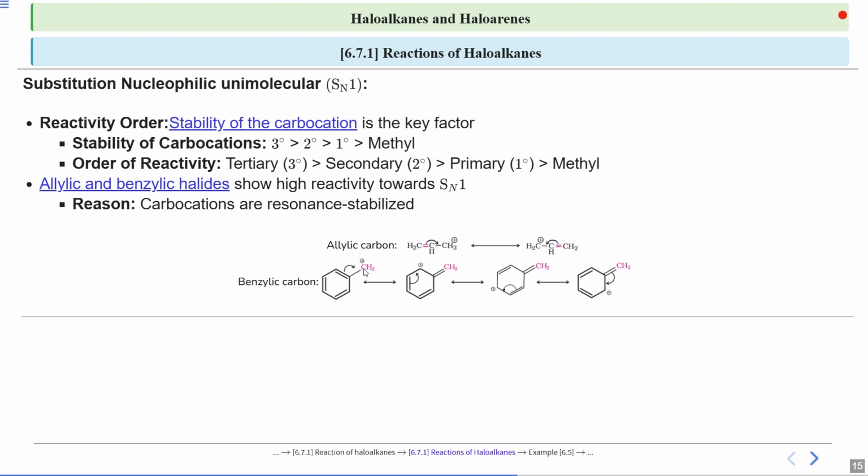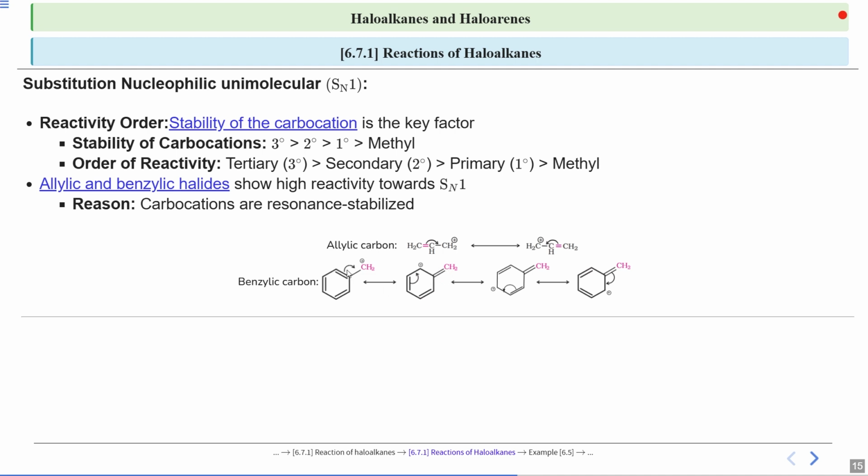Now, this positive charge is going to be stabilized by the resonance shown by this benzene ring. So what will happen? The electrons of this double bond are going to be donated to the bond between the benzene carbon and the CH2 carbon. So here comes a double bond, and now this double bond is removed from the benzene ring.